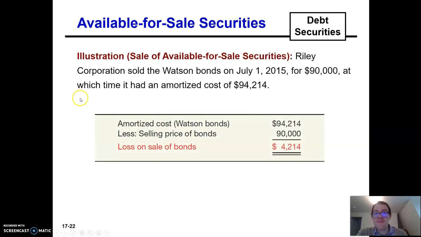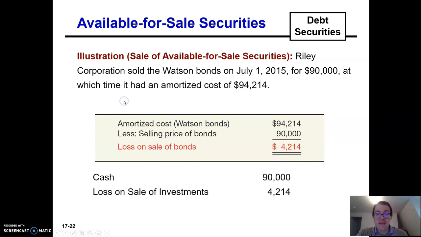So as an illustration, Riley sells some Watson bonds for $90,000 at a time when the amortized cost was $94,214. They have a loss on sale at that point of $4,214. So here's the cash, loss on sale, and credit the debt investment account.